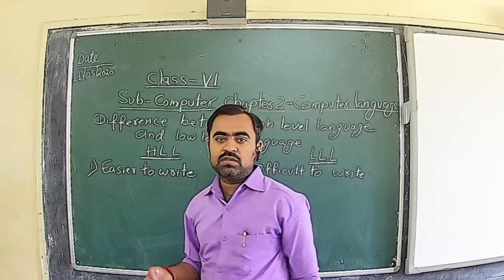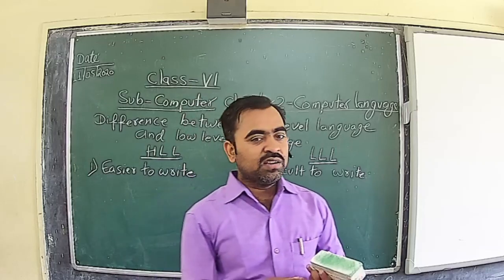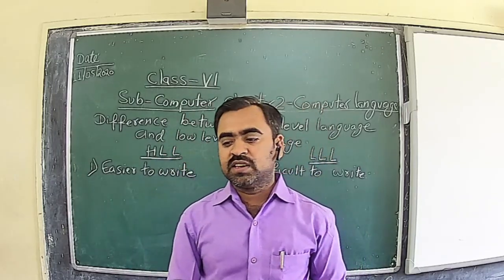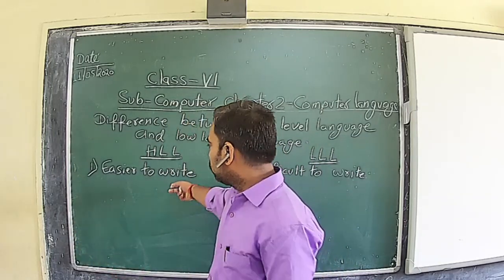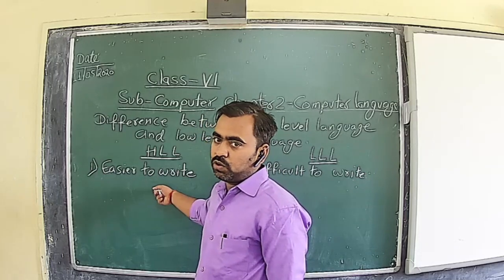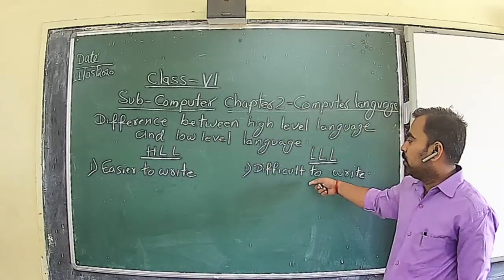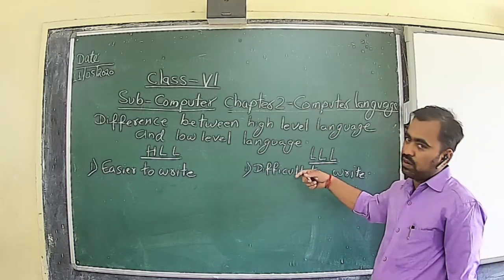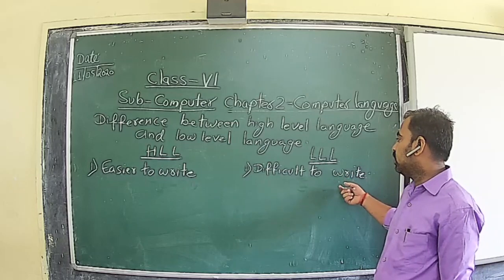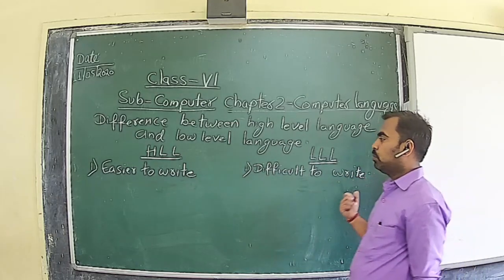Because it uses English alphabet, symbols, and mathematical digits to write the program. So it is very easy for the programmer to understand and write. Whereas low level language uses either the binary number system or mnemonic code, so it is very difficult to remember, understand and write the program code.